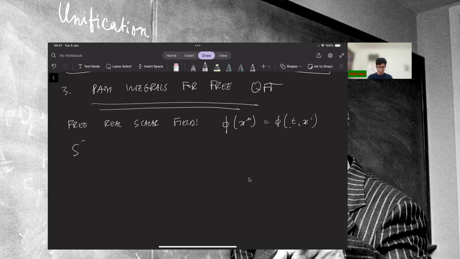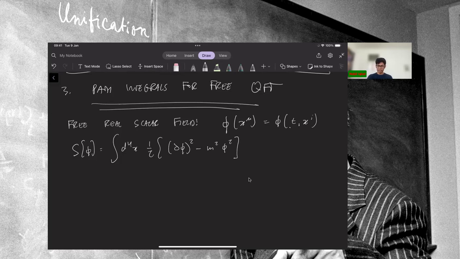What is the action? The action is the integral d4x of a half (partial phi) squared minus m squared phi squared. This is the action of the real scalar field.